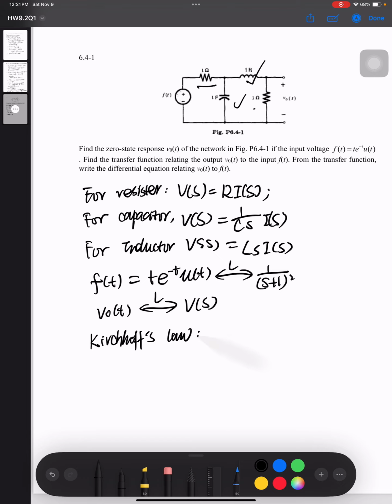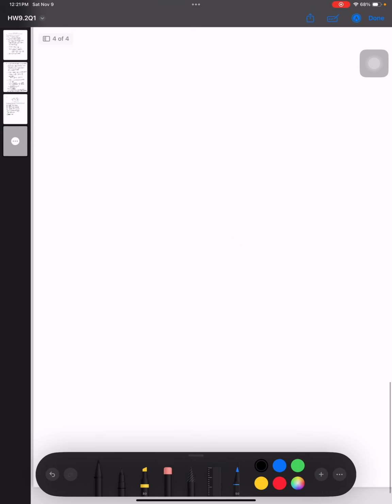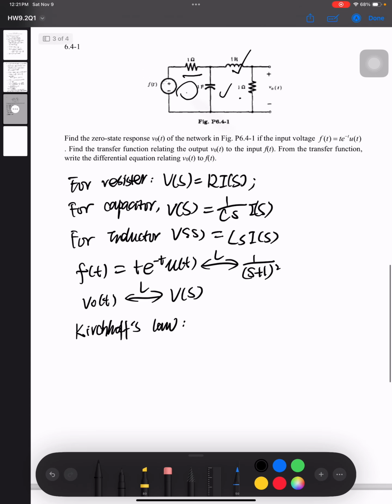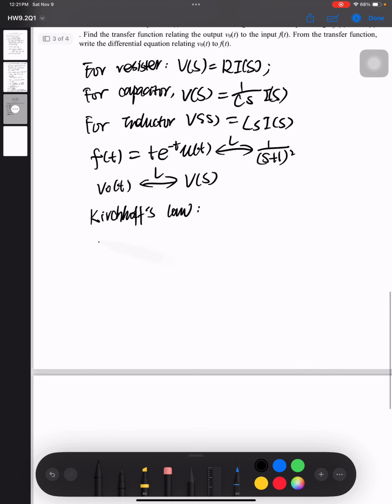We can get two equations. This is two loops, right?